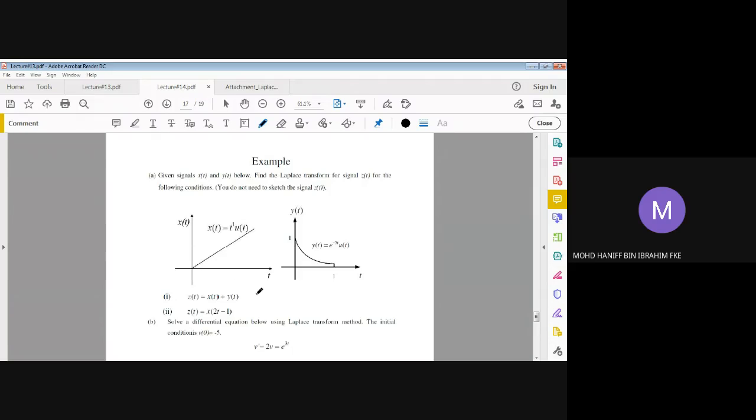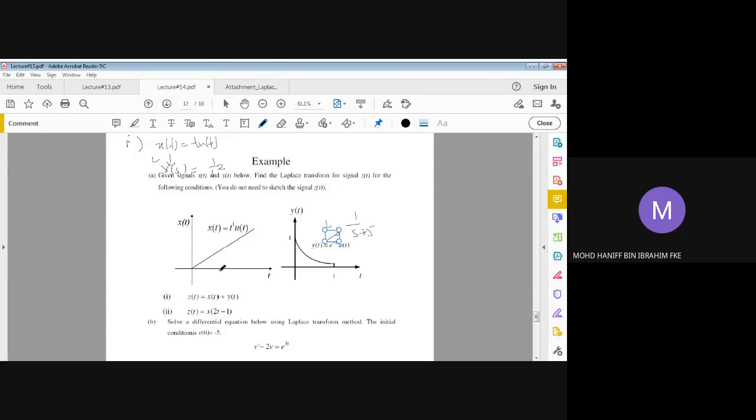For the first case, number one, we know that the xt is given by tut. The Laplace transform for the xt, which is xs, should be equal to 1 over s squared, right? Whereas for the yt, which is exponential negative 5t ut, the Laplace transform shall be equal to 1 over s plus 5.